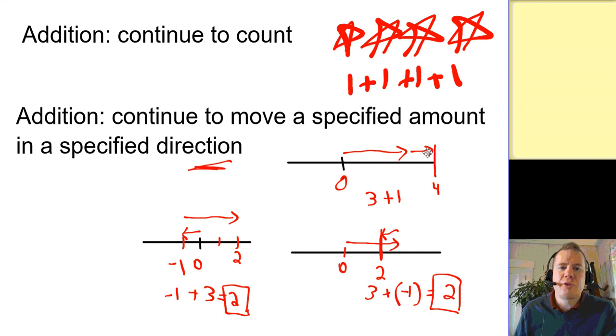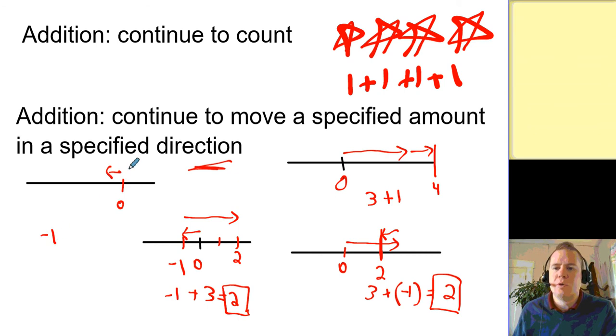Right? Here the 3 and the 1 were both going to the right. If I want both of my values to move to the left, I can say -1, 1 to the left, and then continue to move in a particular direction to the left. How far? I'm going to move a distance of 3 to the left.